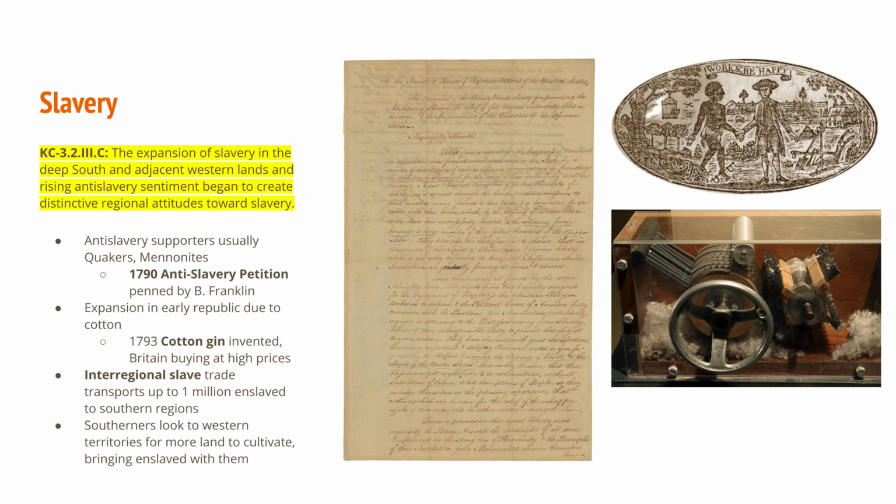Congress takes on this petition, they debate it, and given that they didn't have a Supreme Court with powers of judicial review yet, it was really up to them as to whether or not they thought that they could make a law that pertains to slavery. So they looked at the Constitution. They saw that the Constitution said that Congress can't make any laws in regards to the international slave trade, the importation of enslaved people from abroad, until the year 1807.